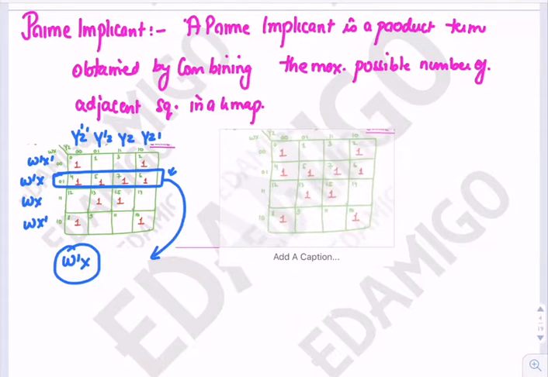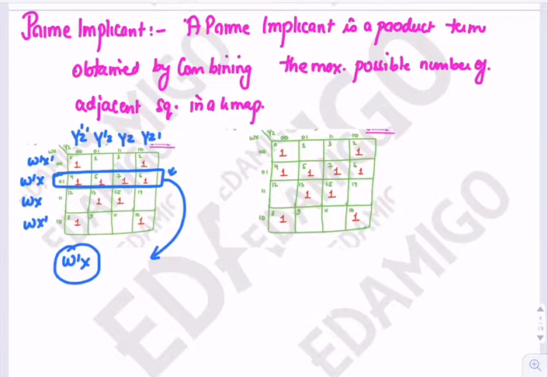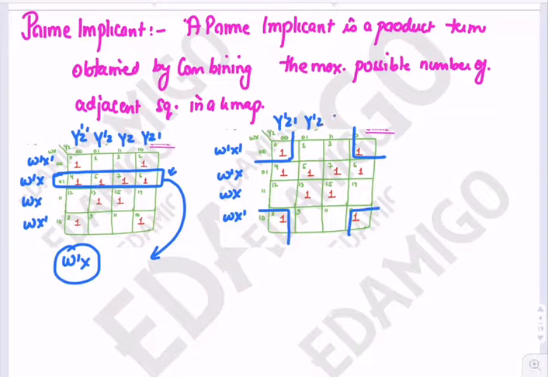So we have already covered these ones. Now let me look at another term, by combining the squares which are at the ends. So this is w bar x bar, w bar x, wx, and wx bar, y bar z bar, y bar z, yz, and yz bar.